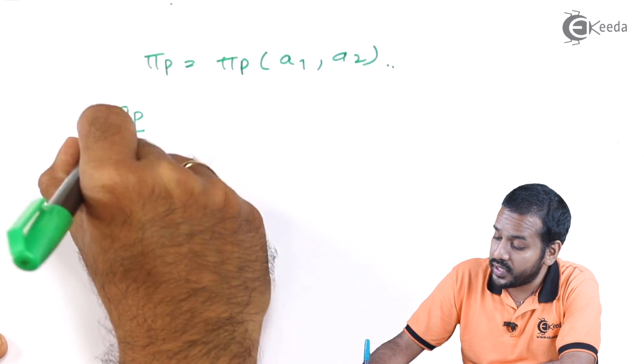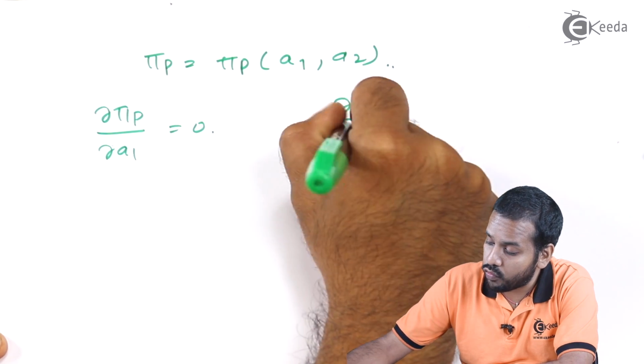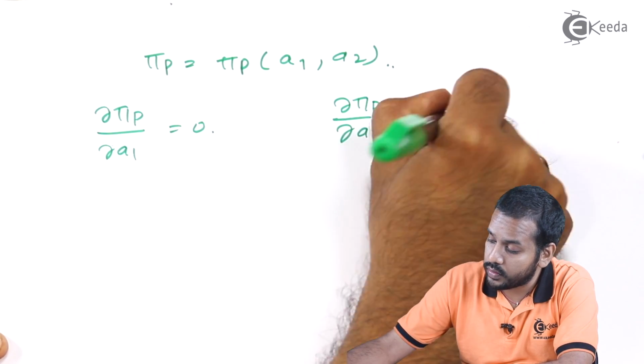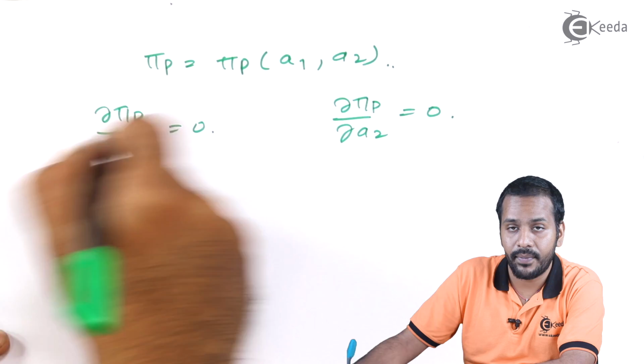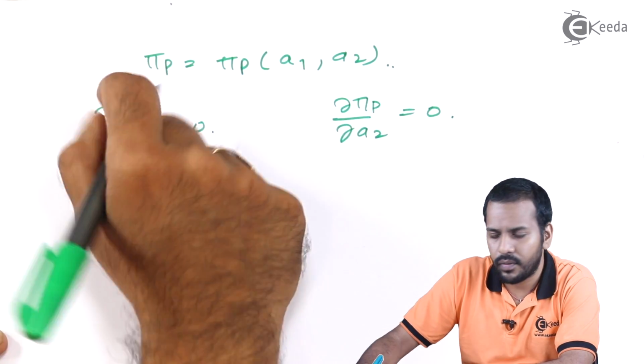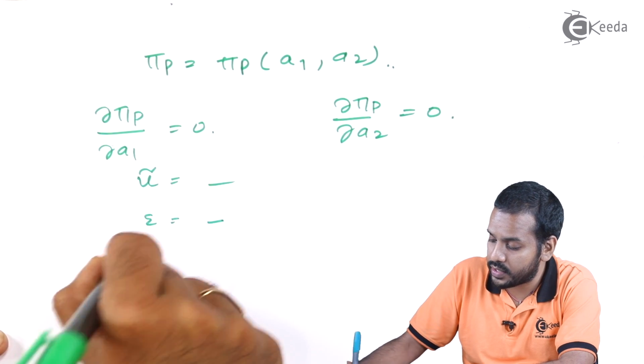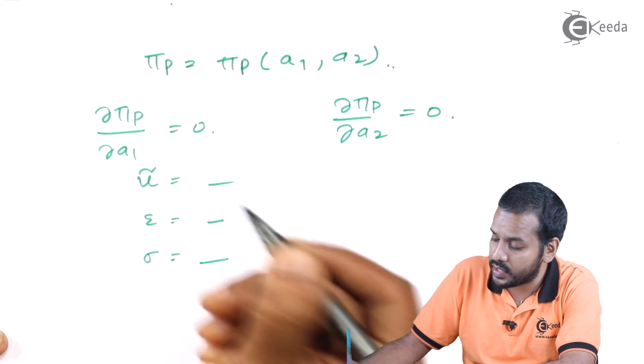You have to differentiate this pi P with respect to A1, this has to be 0, and dou pi P with respect to A2, this has to be 0. So you will get two simultaneous equations with unknowns as A1 and A2. Calculate them and get the displacement, get the strain, get the stress.